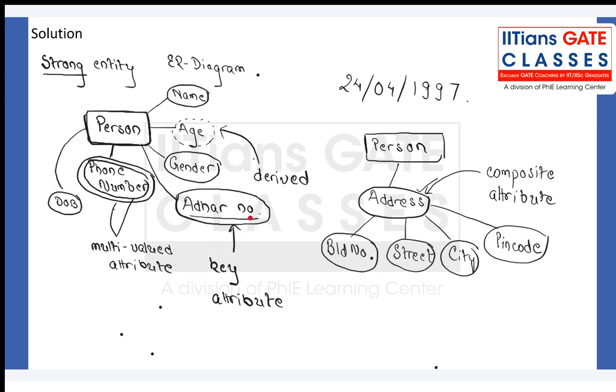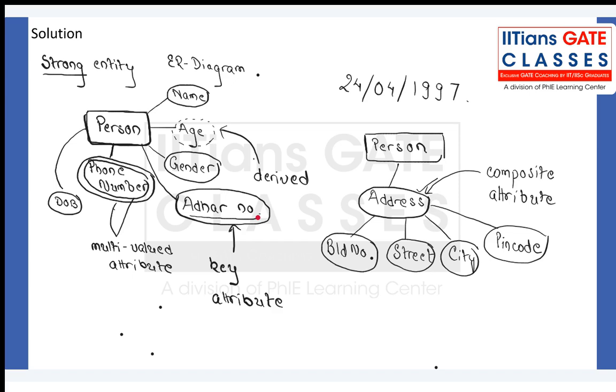So the attribute is Aadhaar number, and we underline Aadhaar number to say it is a key attribute. And if an entity has a key attribute, it is called a strong entity.